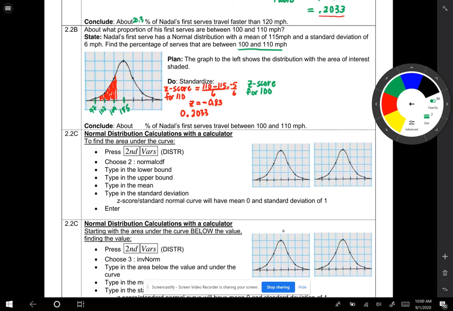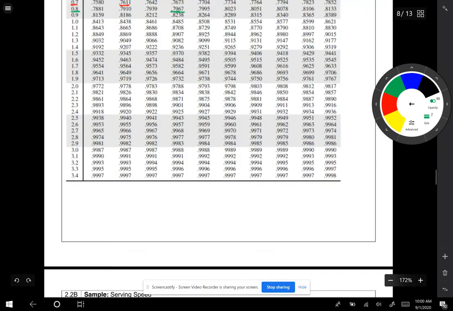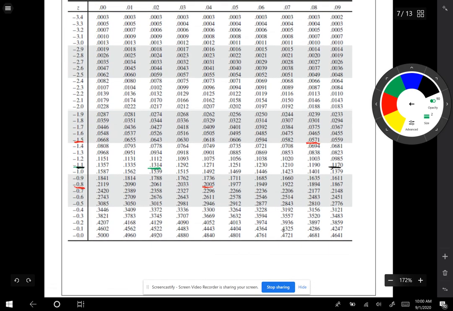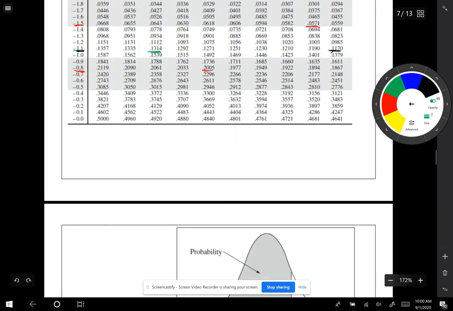So the z-score for 100 is equal to 100 minus 115 over 6. So it would be negative 15 over 6, which is negative 2.5. And if we look for negative 2.5, it is right here, 0.0062.